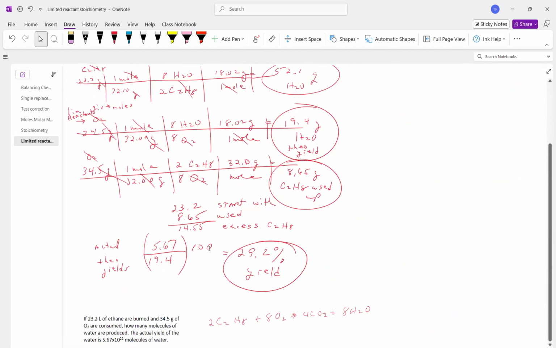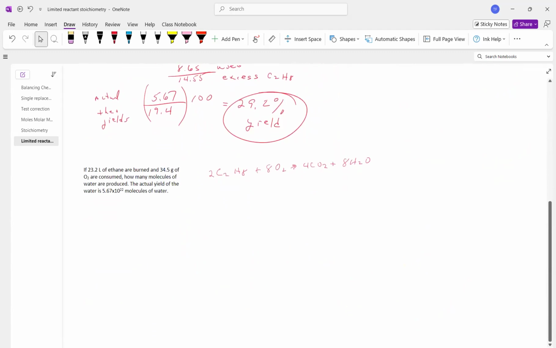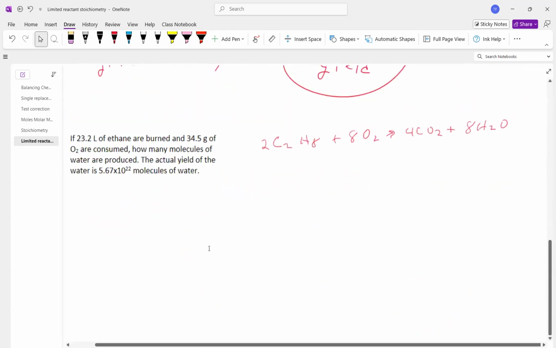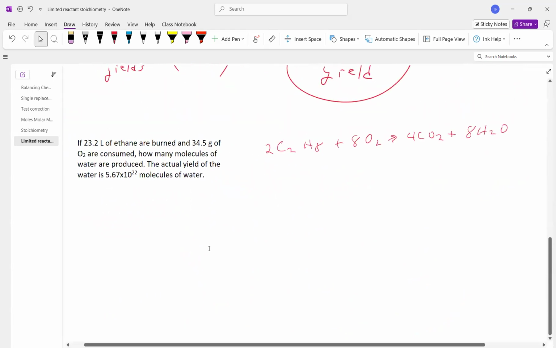Okay, I'm going to go over one more problem, and then we're going to jump off to lab. Okay, so we're working with burning ethane again. Now, ethane is a very common gas in natural gas. Natural gas you get out of the wall is a combination of methane and ethane. Methane is a one carbon alkane.